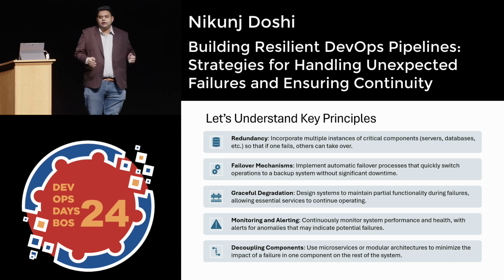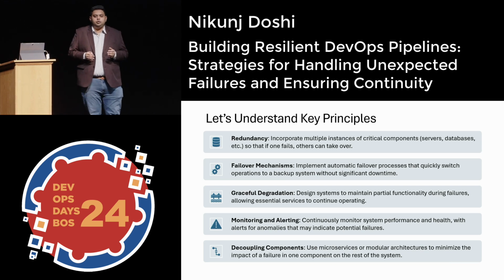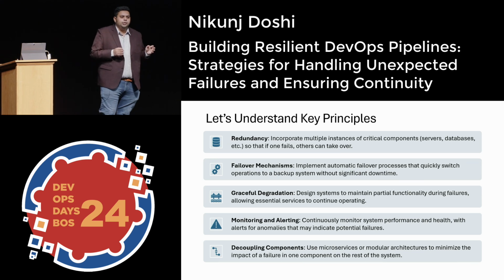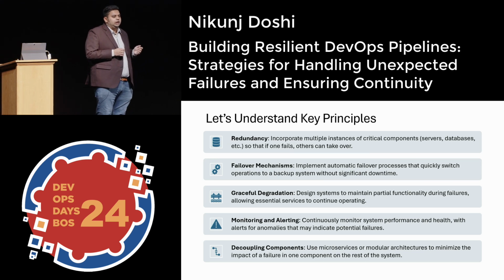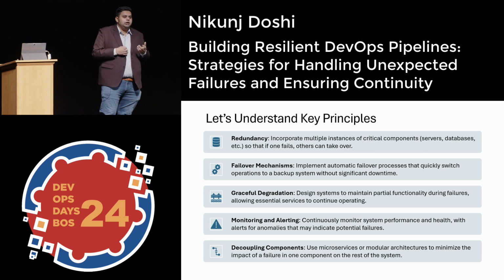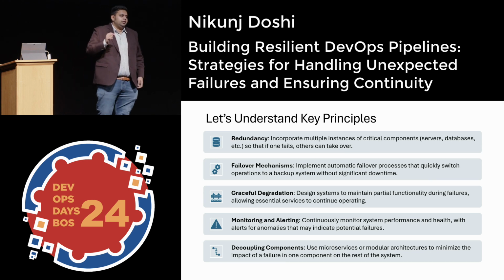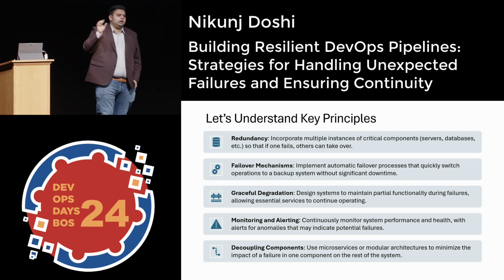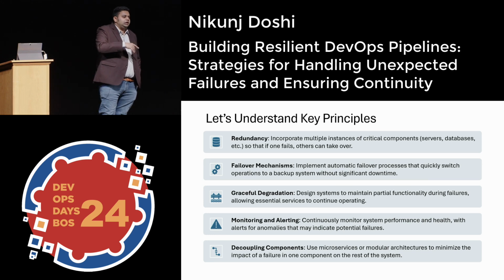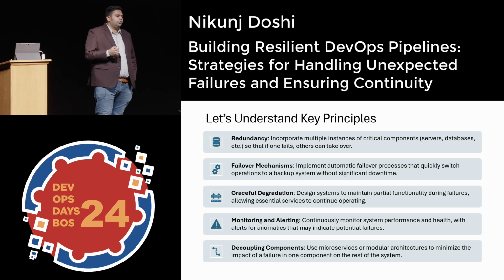If you are running any Kubernetes workloads, I'm sure you would be spanning your pods and nodes in such a way that you end up doing multiple replications. Then the other thing is failover mechanisms: if one of your instances is running in one region and that region goes down, what are the other ways you can quickly turn up? That is another important strategy which any engineer has to understand.